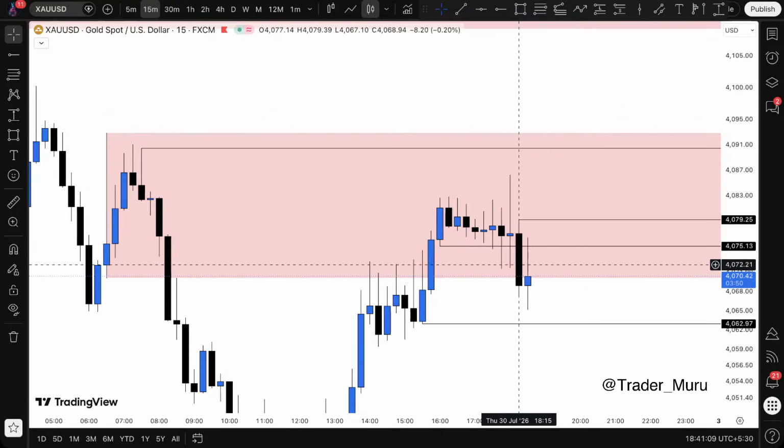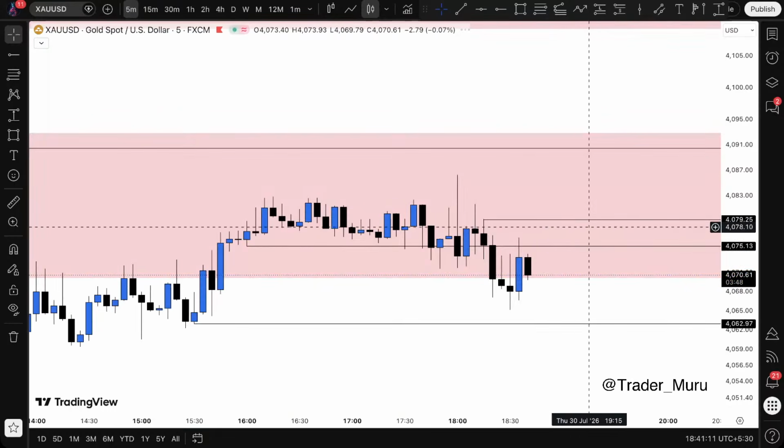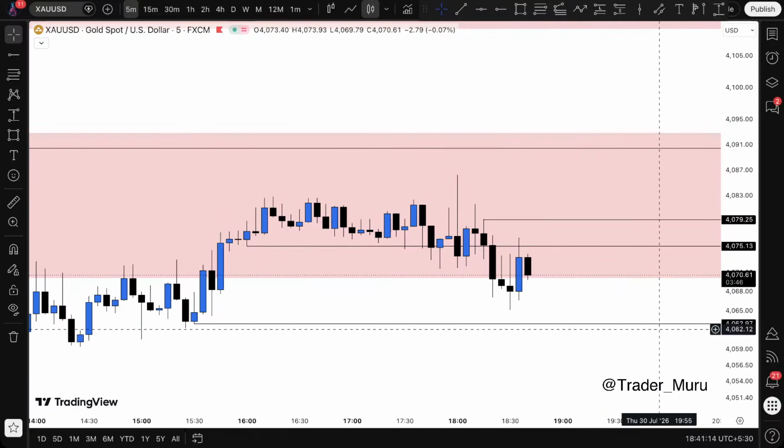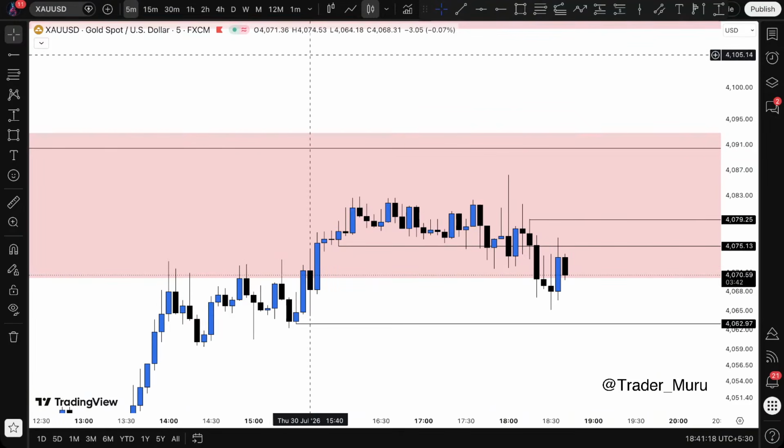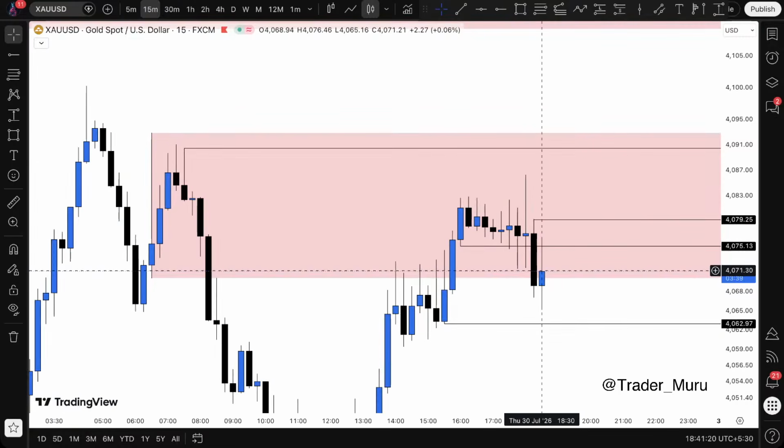Already 50 pips down. Told you that it is already bearish in 5 minute and 1 minute. But let's see where this 15 minute closes.